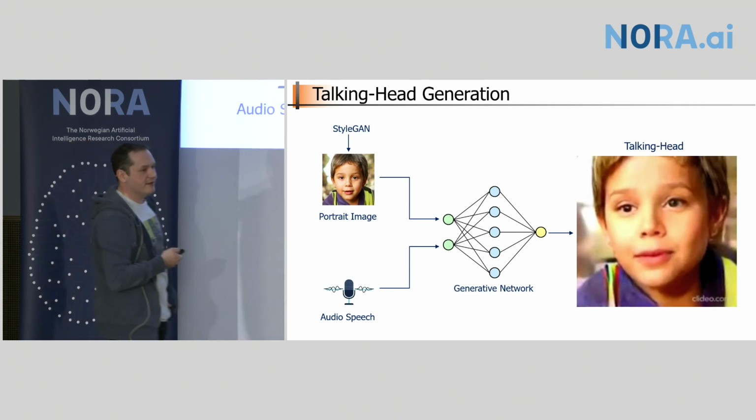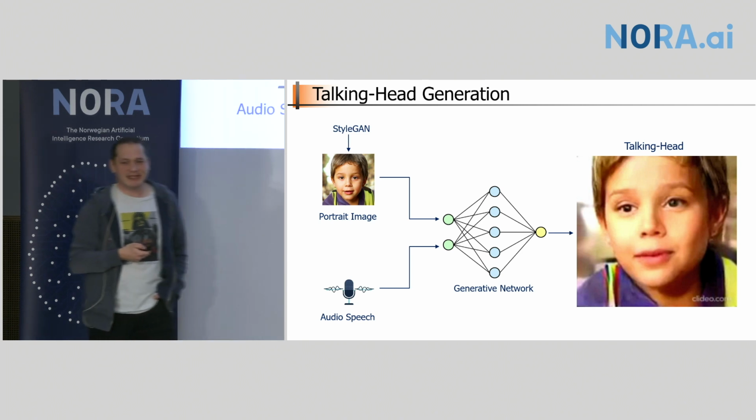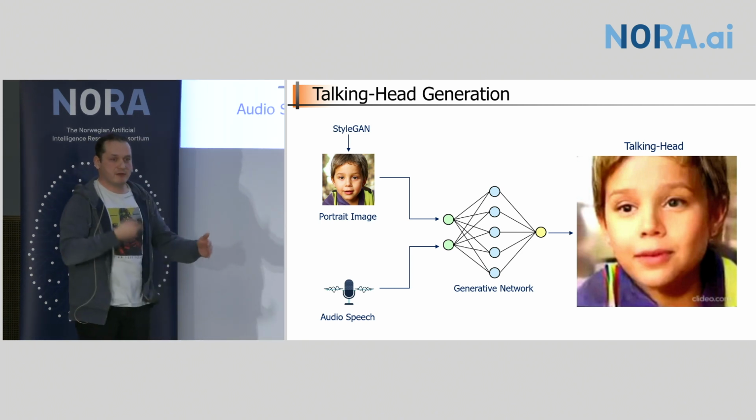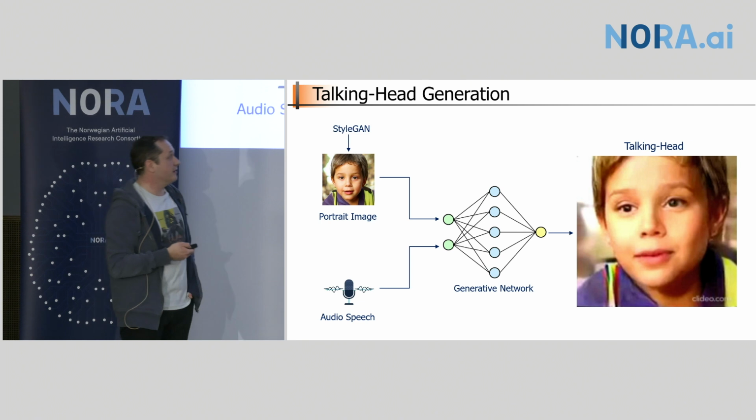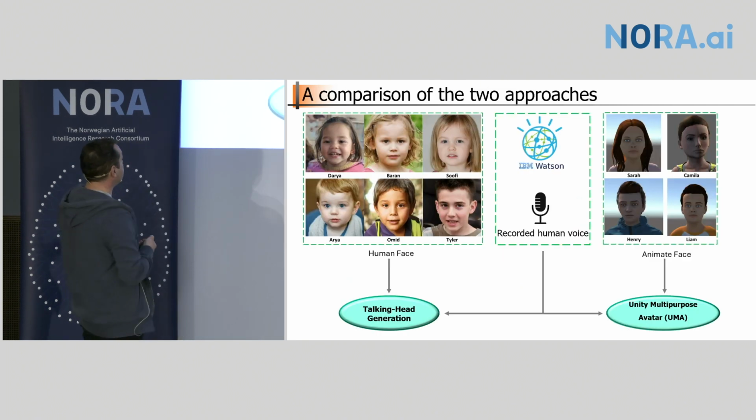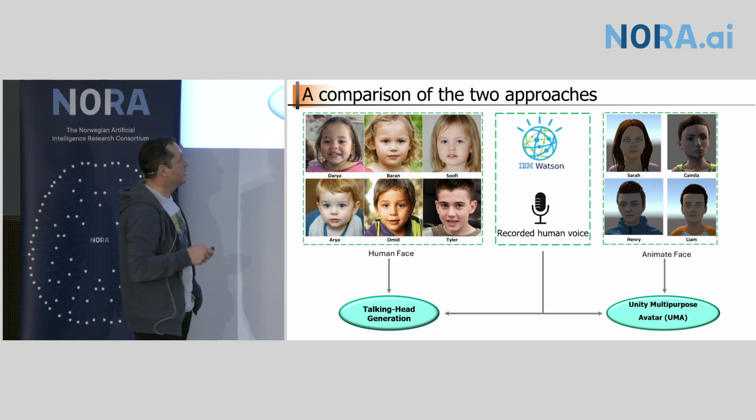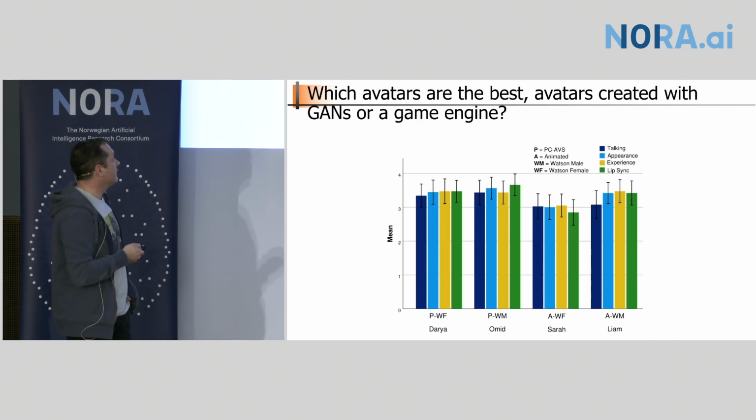Of course, you can see it's not perfect, but if you combine it with a realistic conversation, people actually found it quite realistic. So basically, we have two different versions: the more realistic children, and then the 3D models.